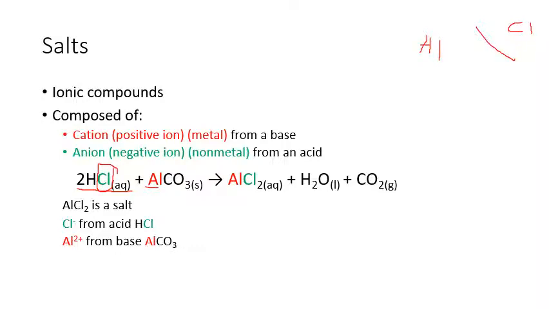The aluminum from the base is reacting with the Cl, which is part of the acid, and those create a salt, aluminum chloride, AlCl2 in this case. The aluminum comes from the base and the chlorine comes from the acid. Those come together in addition to creating H2O, and in this case also CO2 gas. But we also produce this new salt, this metal nonmetal pair, an ionic compound with a metal, the aluminum, and the nonmetal, the chlorine, together.